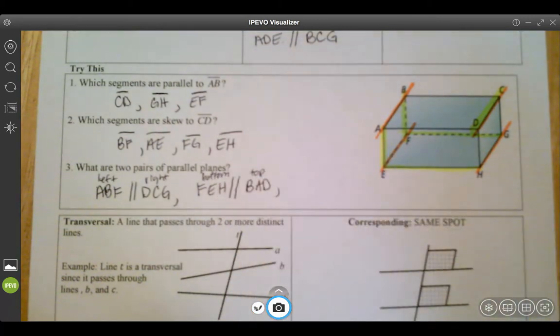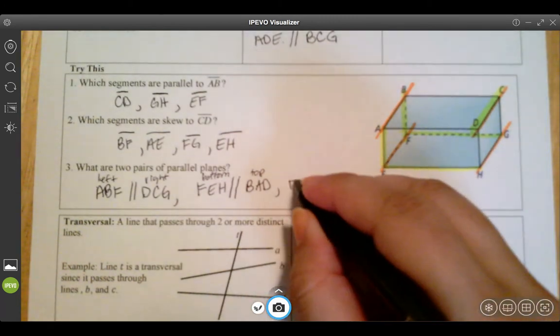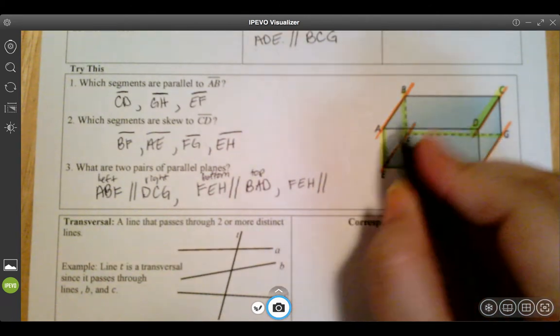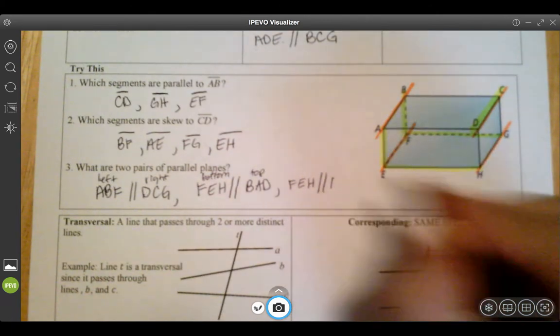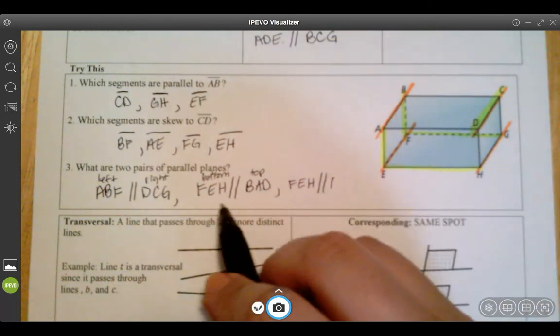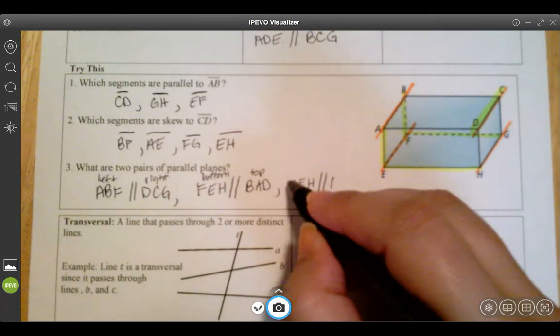And then our last pair of parallel sides would be the front and the back. Oh, I did top and bottom. I'm doing front and back, not FEH.